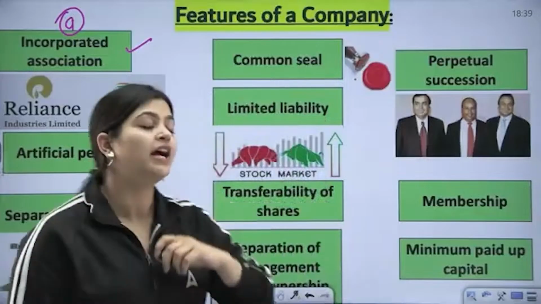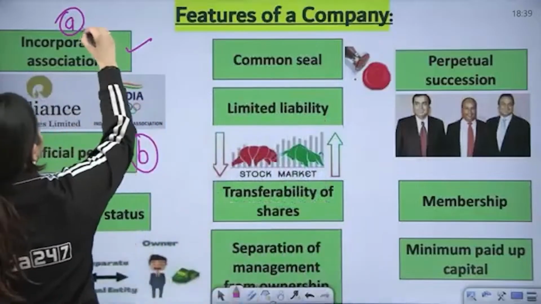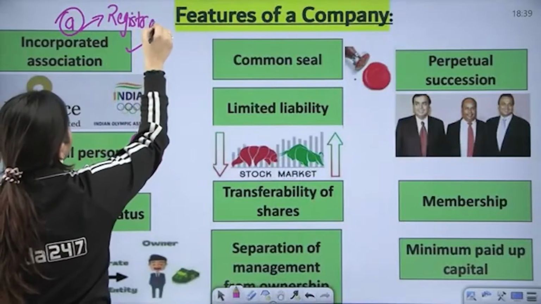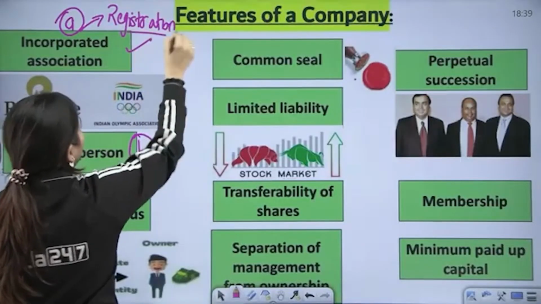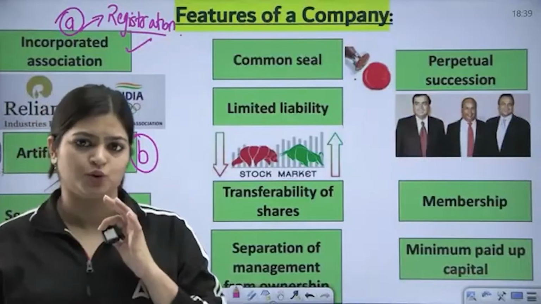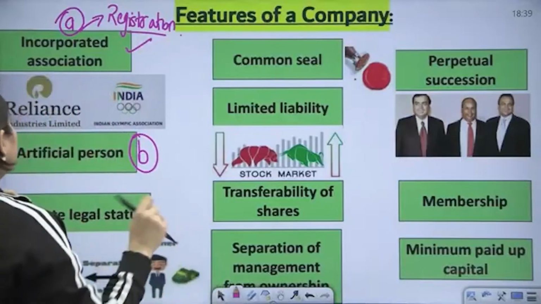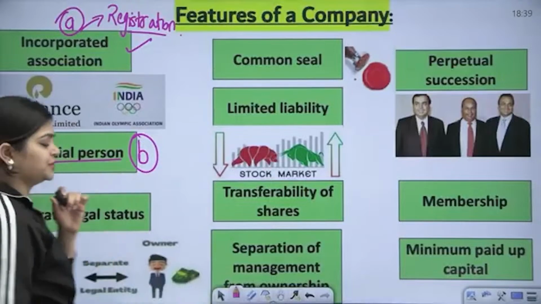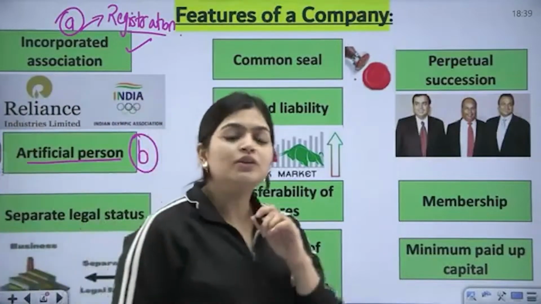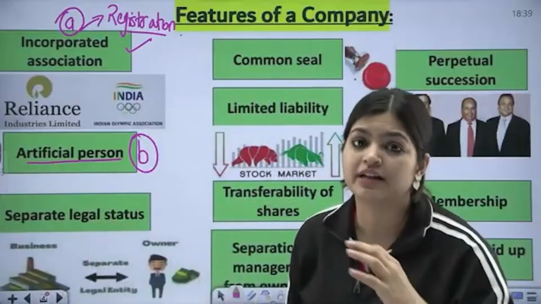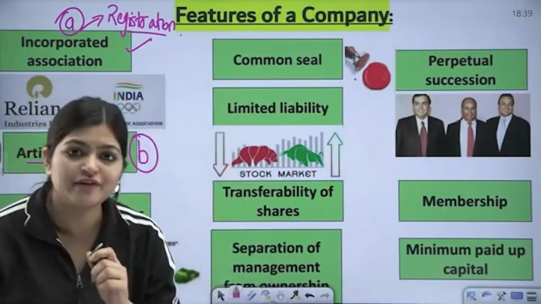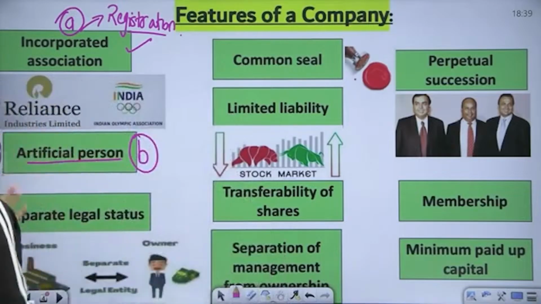Now, when you see any company like Reliance Industries, yes, that is incorporated, means they are registered. They have taken the incorporation, they have taken the registration, under the Companies Act 2013 or any earlier act also. So that is the first thing, incorporated association. Now, when we talk about artificial person, though they are getting registration, from the law point of view, they have a separate legal status.